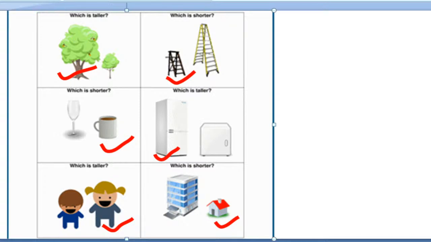Similarly, on all the pictures, in the next picture, that is between cup and glass, the cup is the shorter one, so I have made a tick. And between boy and a girl, the girl is taller, so I have made a tick. So this is how you have to tick the correct option. Okay.